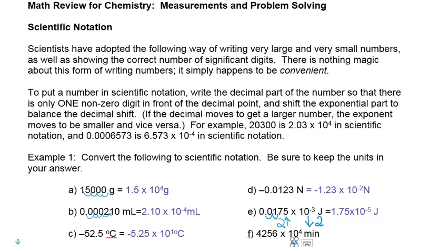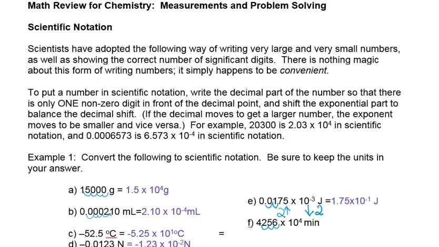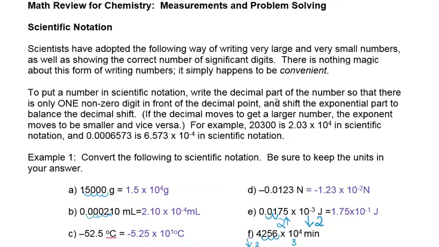So same thing's going to happen on this next one. We've got to move our decimal place over 3 times. So we're getting 3 powers of 10 smaller on the numerical portion, bigger on the power of 10 portion. So that's going off my screen, sorry about that. So that's going to give us 4.2256 times 10. So if this is getting 3 bigger, that's going to be 10 to the 7.